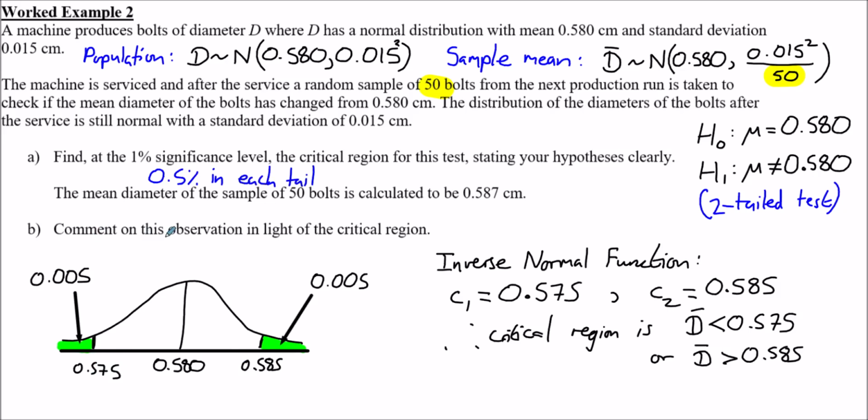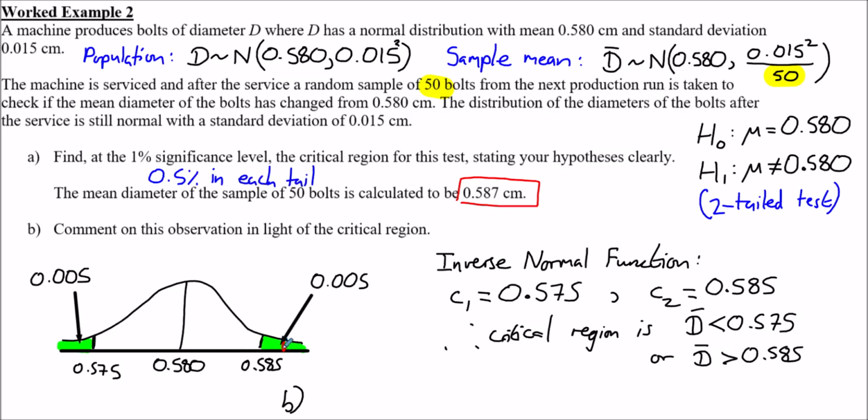For part B, it says comment on this observation in light of the critical region. So what was observed? What it says here, the mean diameter of a sample of 50 bolts is calculated to be 0.587 centimeters. So think about where this would be on the curve. 0.580, 581, 582, 583, 584, 585, 586, 587 is somewhere here.